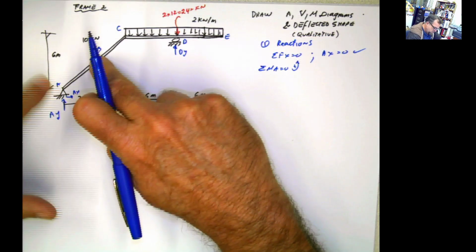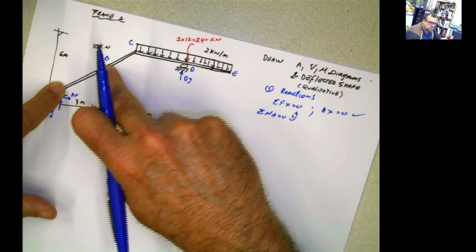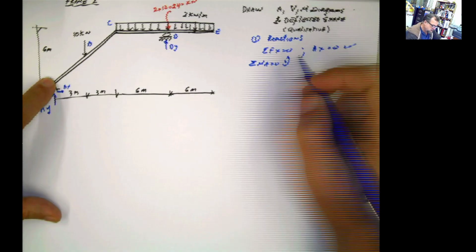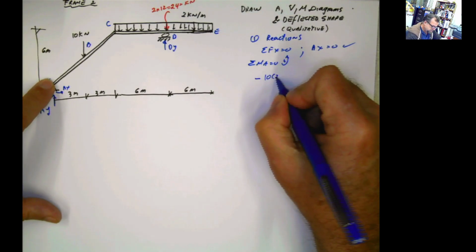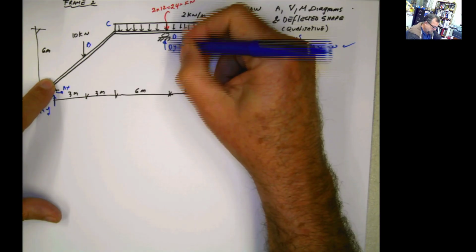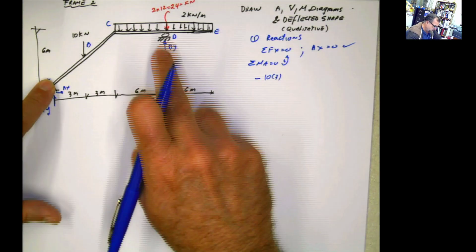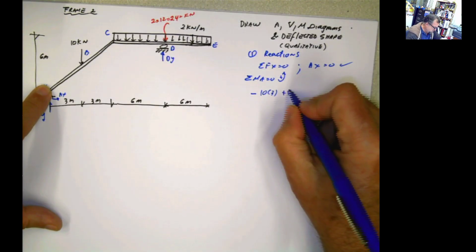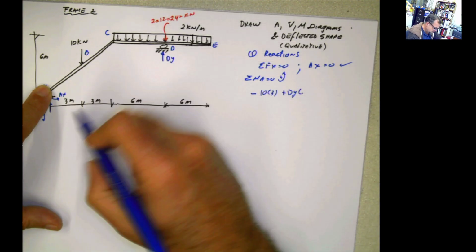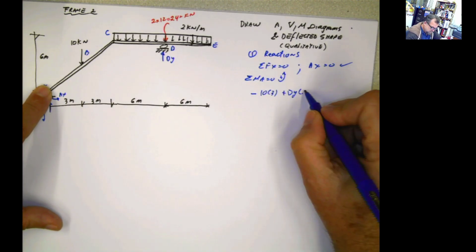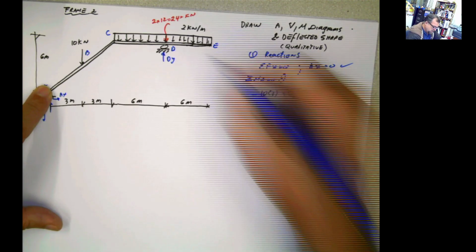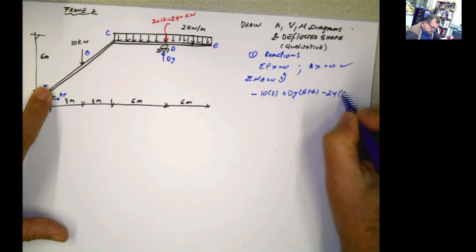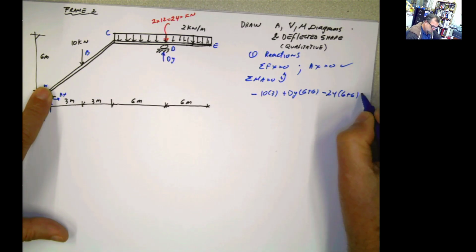Remember, put my pin here, I apply the load, rotation goes in this direction, that direction is clockwise, and we assume counterclockwise as positive, so it's negative 10 times 3, and then I have DY, assume that it's pushed up, DY times 6 plus 6, and then minus 24 times 6 plus 6, and that has to be equal to 0.